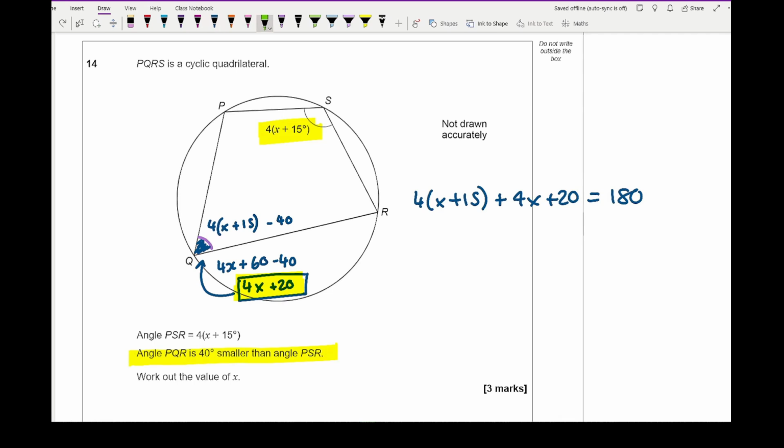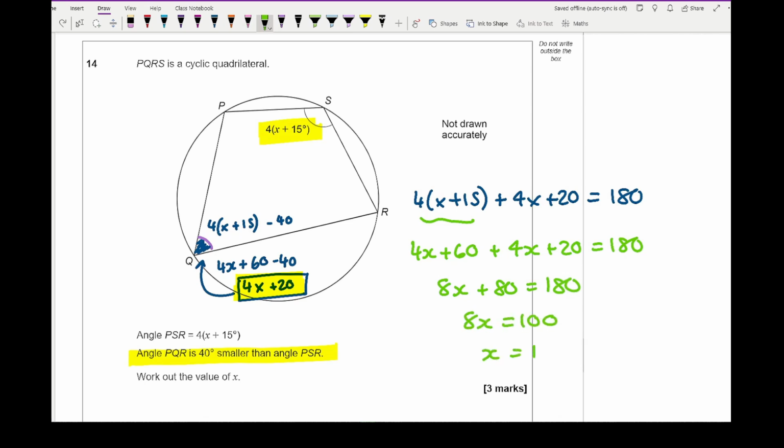Collecting the like terms and simplifying, we get 8x plus 35 equals 180. 8x equals 100. So x gives me an answer of 12.5. And there is my value of x.